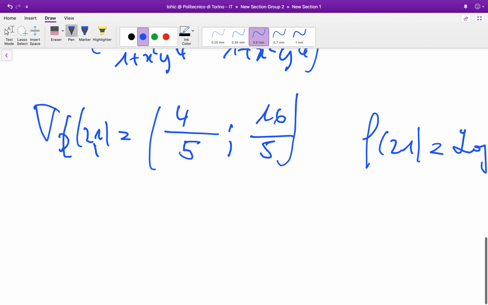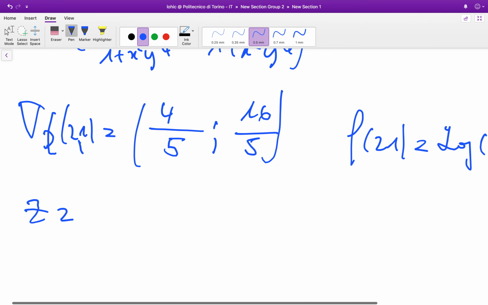So the plane will be z equal to (4/5, 16/5).